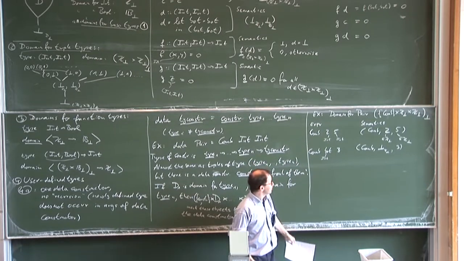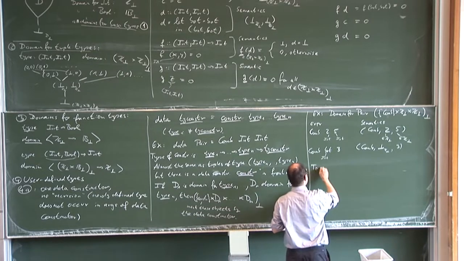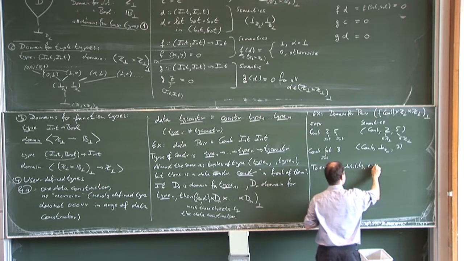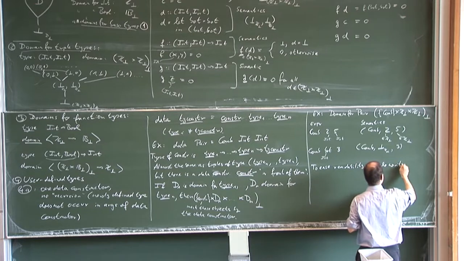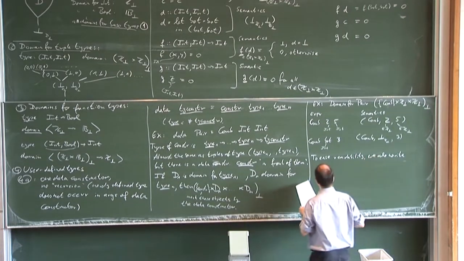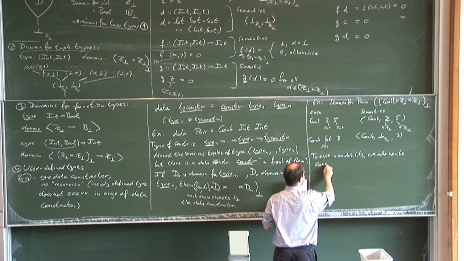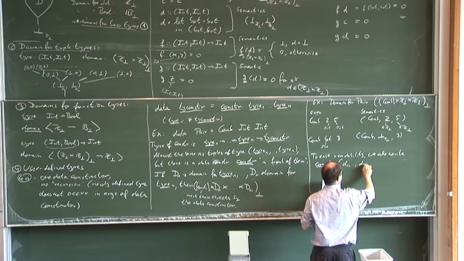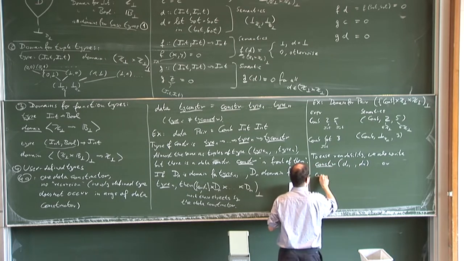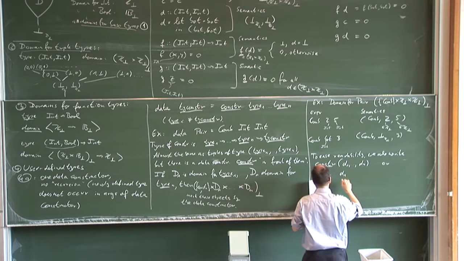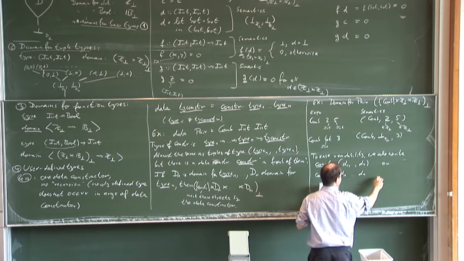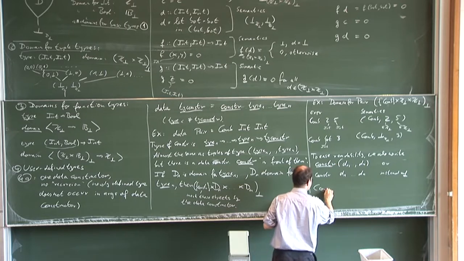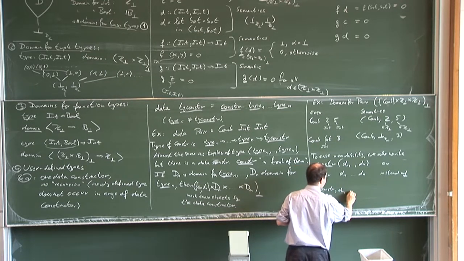And now, to ease readability, instead of writing this as a tuple, we may also write constr applied to D1 to Dn, or even without any parentheses, constr D1 ... Dn, instead of writing this tuple constr comma D1 comma Dn.